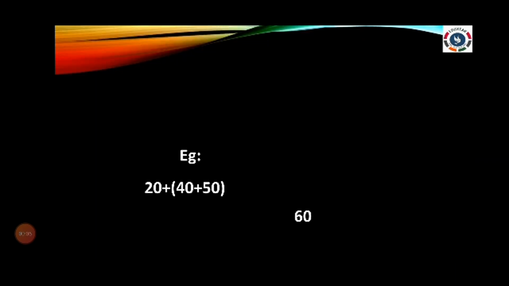20 plus 40 plus 50 is equal to 20 plus 40 plus 50. On the left side, the second number and third number I wrote inside the bracket, and on the right side, the first number and second number I separated by the bracket. Now on the left side, 20 plus 40 plus 50, how much? 90, that you write.